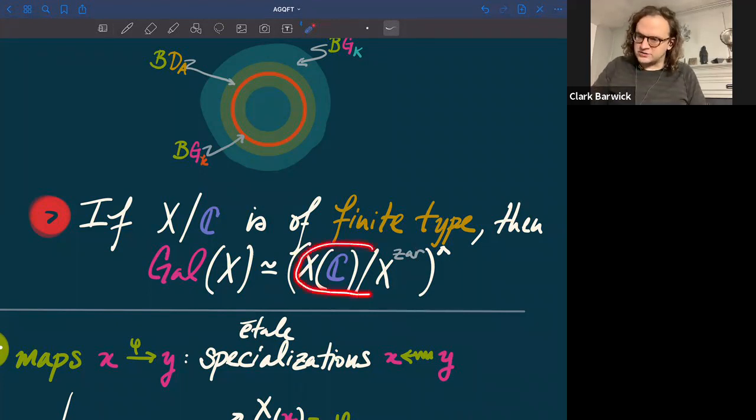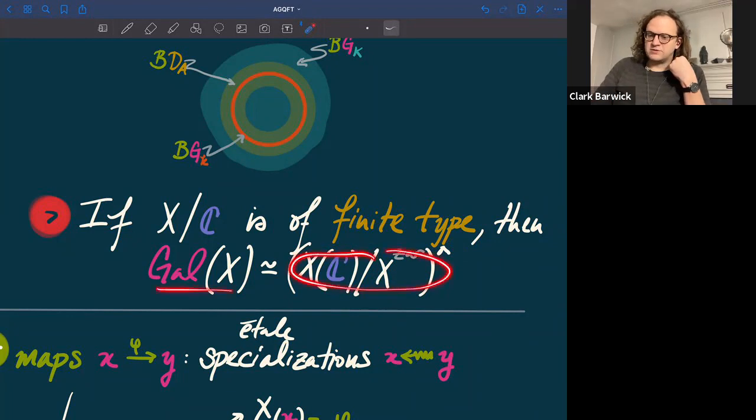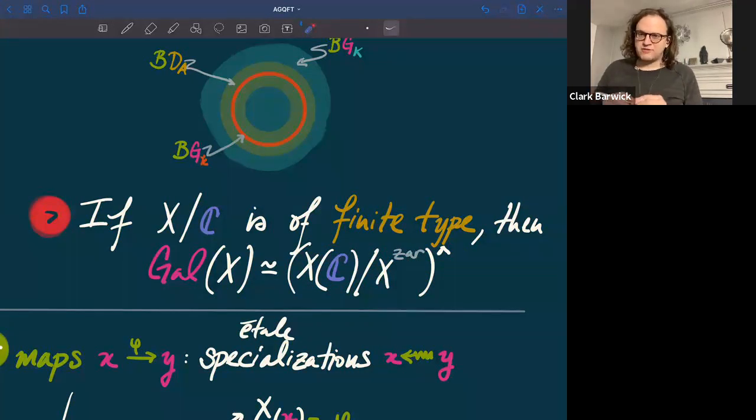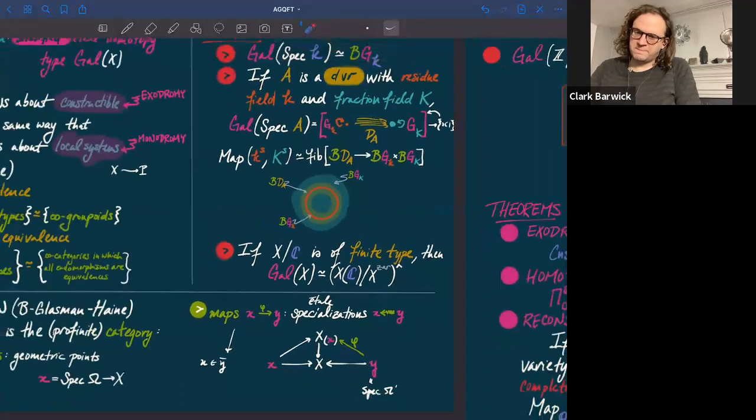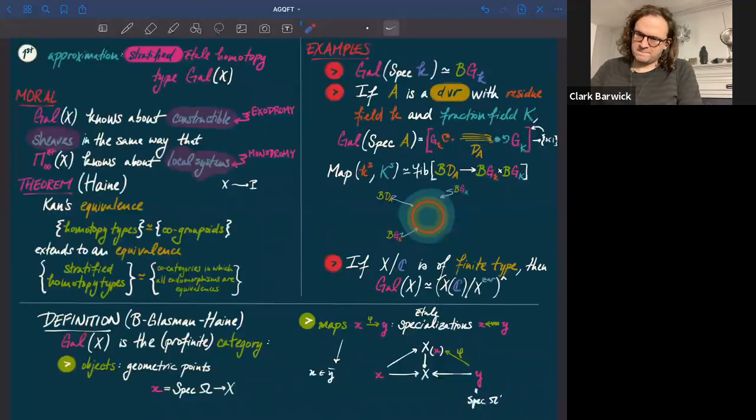So I think of that as the stratified homotopy type relative to X Zariski, not just a fixed finite stratification, but over the whole Zariski topological space. And then once again, I have to profinitely complete. But once I've done that, you actually recover this Gal X in all cases. So this is a stratified Riemann existence theorem. And this is proved in the exodromy book. Okay.